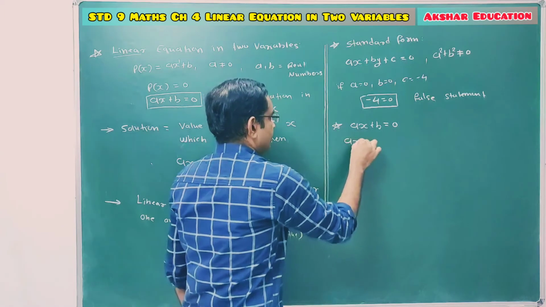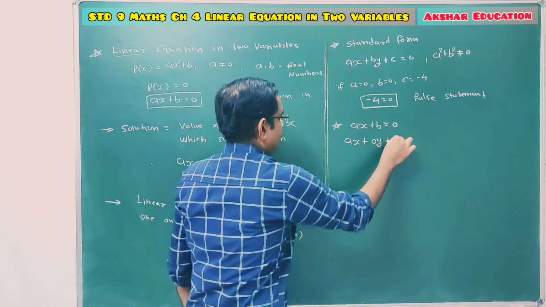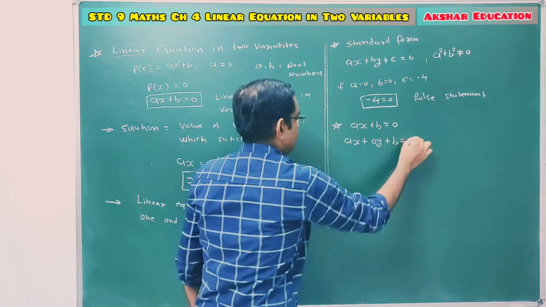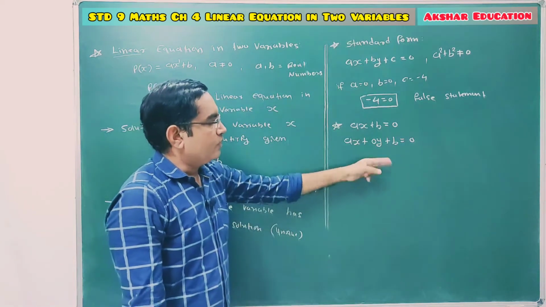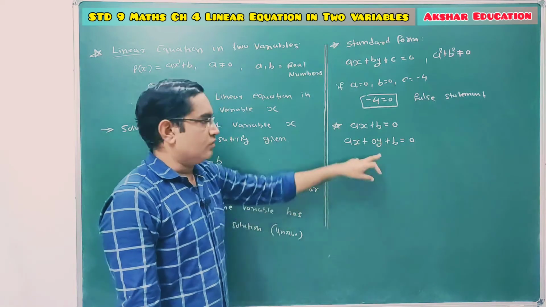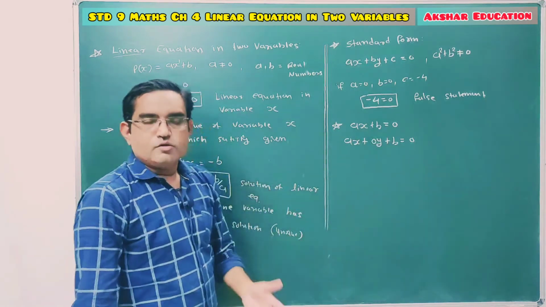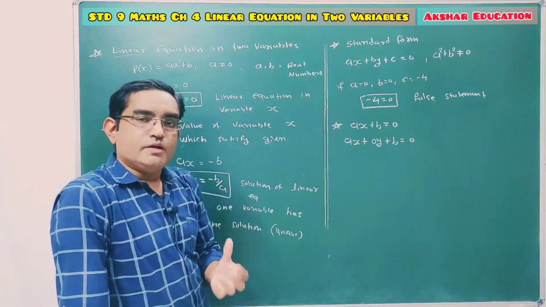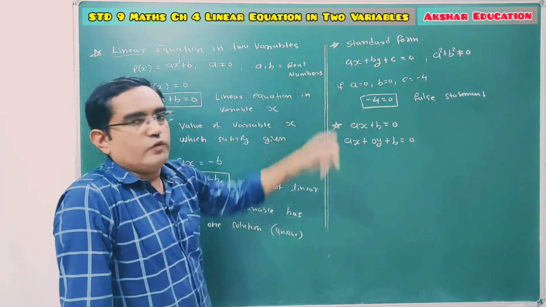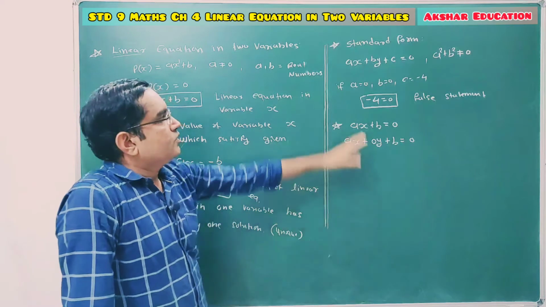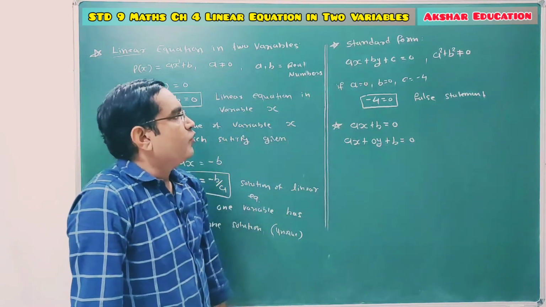So it's ax plus 0y plus b equal to 0. So this is a linear equation in two variables where the coefficient of y is 0. Done? So any linear equation in one variable can be represented in the form of a linear equation in two variables. This is the standard form of linear equation in two variables.